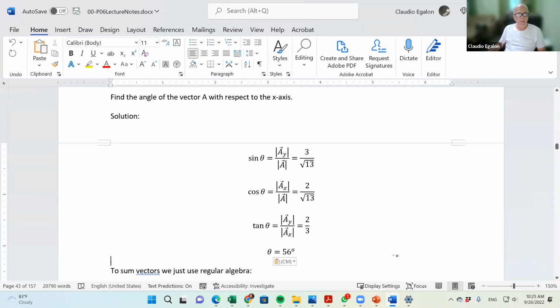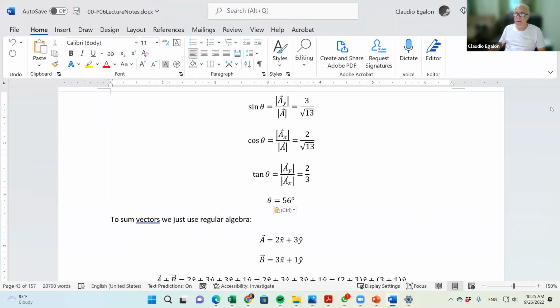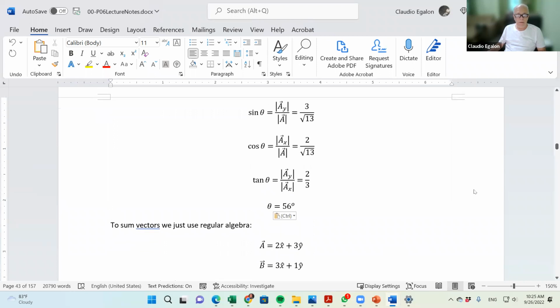Now let's sum 2 vectors. Okay, let's sum 2 vectors, with vector A and vector B, right? And now we're going to use algebra, just like I mentioned before.